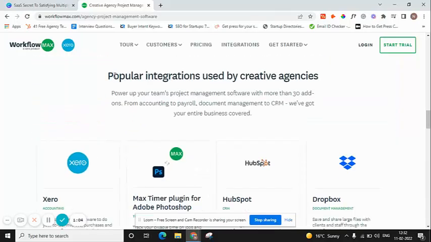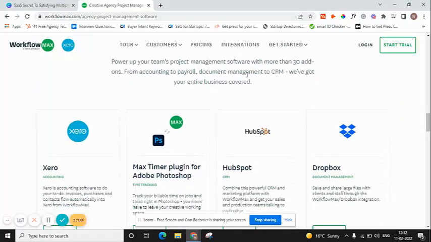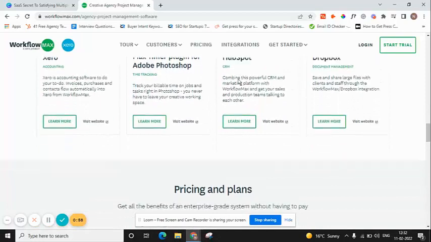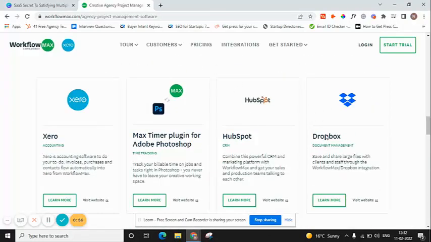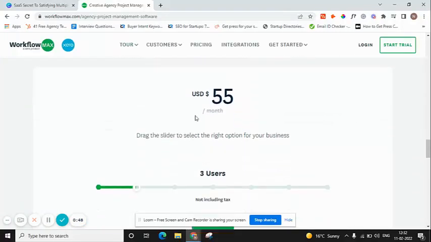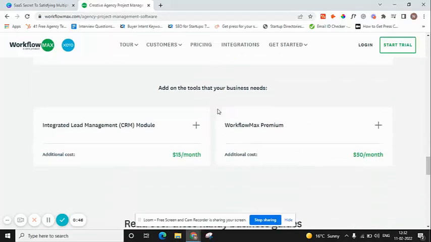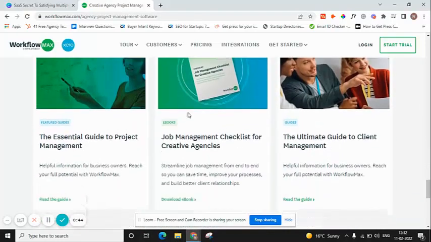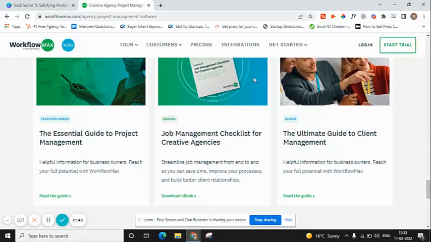Then what are some integrations, as a creative agency, how I can integrate Workflow Max with my other softwares that I might be using, HubSpot, Dropbox. And then the pricing just for me, just for the creative agency here. And then of course they have specific feature guides.